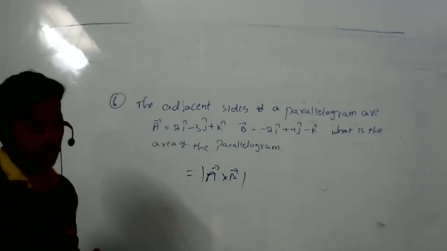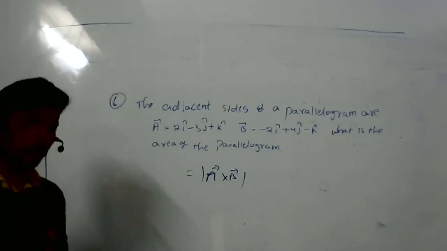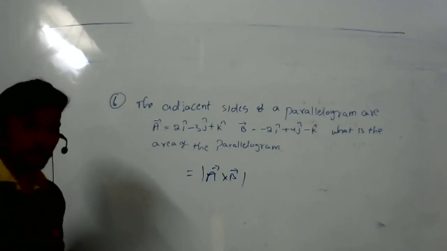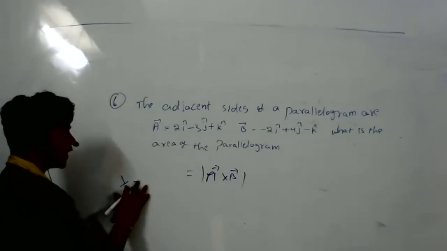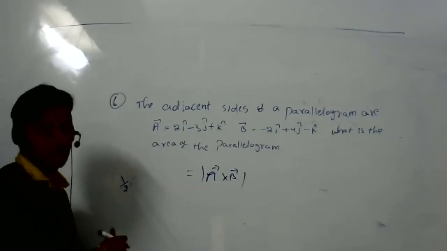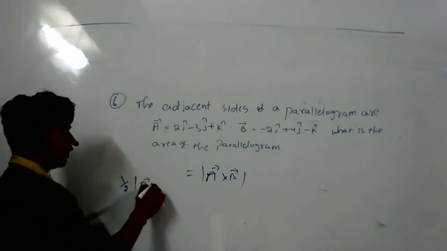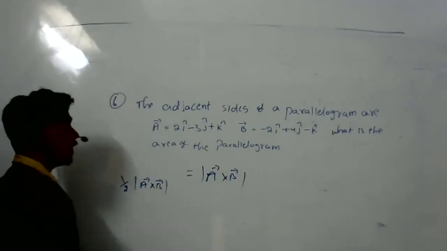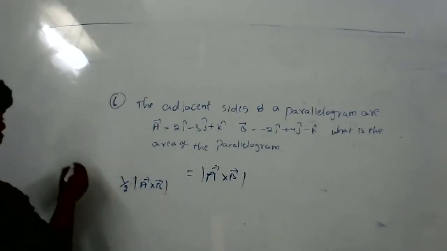When we derived the area of a parallelogram or triangle, we got half AC sine theta, base into height. If they give any values, substitute that. Sir, but there are two adjacent sides. We don't know their base and height. In this particular question, why can't you know that?